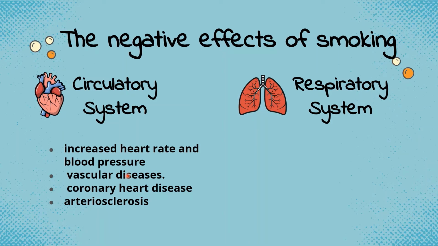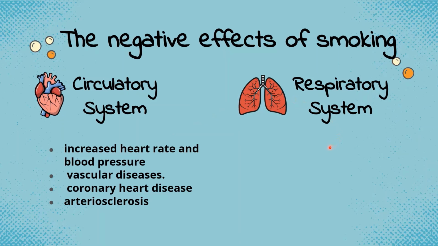Vascular disease is the most common precursor of coronary heart disease. Coronary heart disease is the most common type of heart disease, and it happens when the arteries that supply blood to the heart become narrow. And last, arteriosclerosis. Arteriosclerosis occurs when the blood vessels that carry oxygen and nutrients from our heart to the rest of our body become stiff and thick.